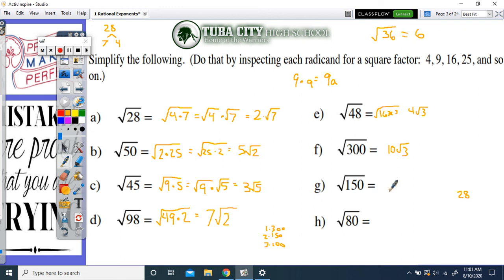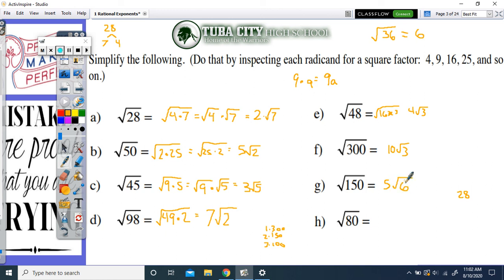For 150, even though you might think of something like 50 times 3, well, neither of those are square numbers. We want square numbers, so we're going to have to keep trying, and I got 6 times 25. Now 25 is a square number.